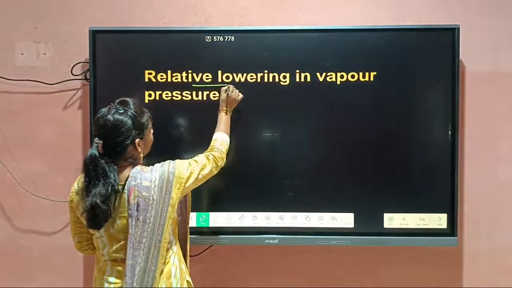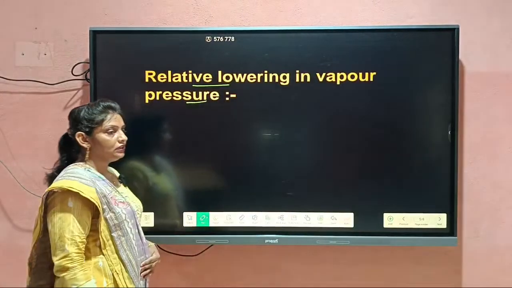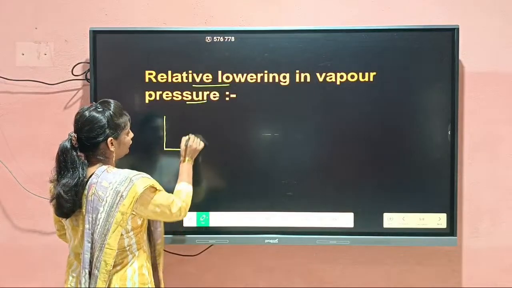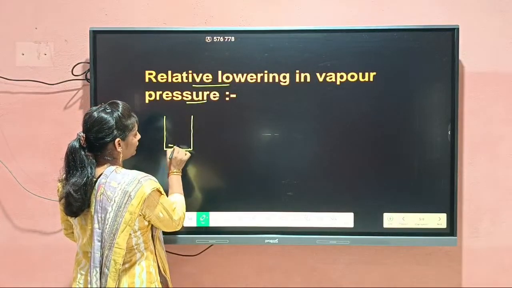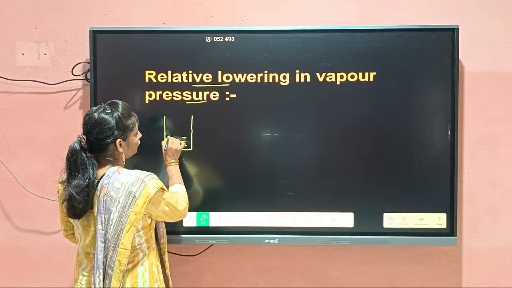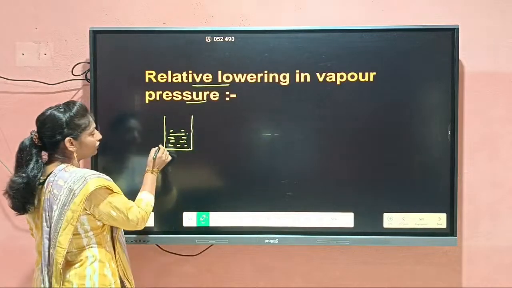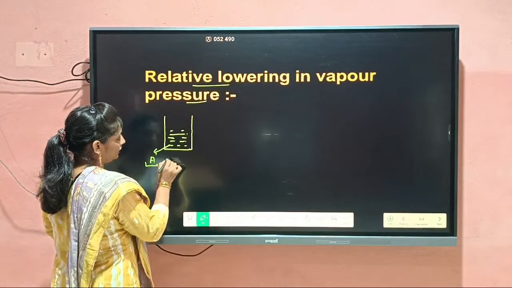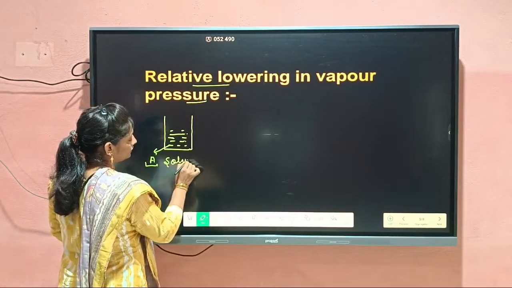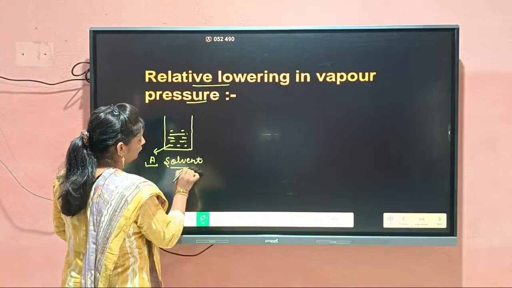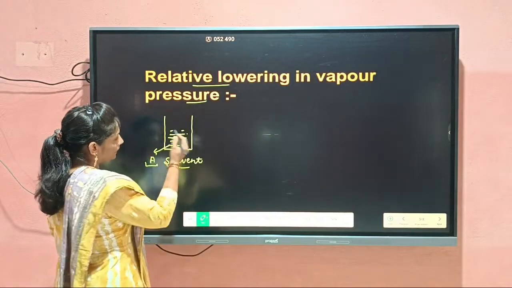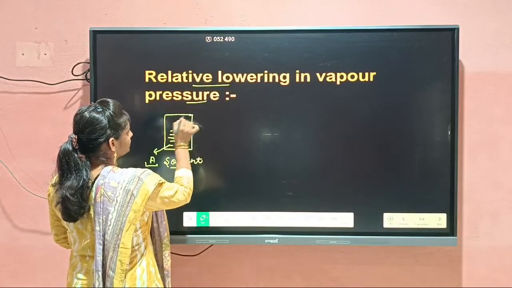Relative lowering in vapor pressure. Students, let us consider we have a pure solvent in one container, A. This is the solvent.